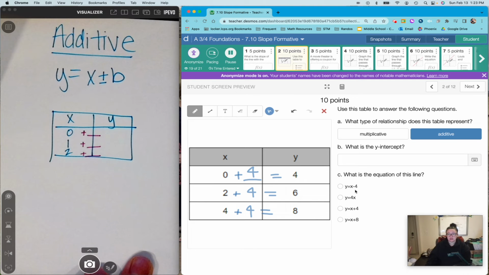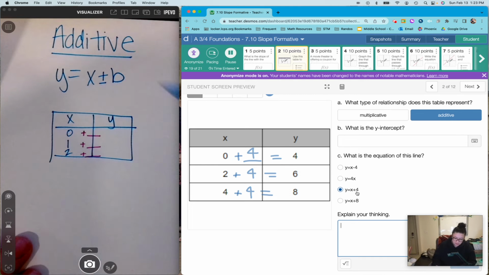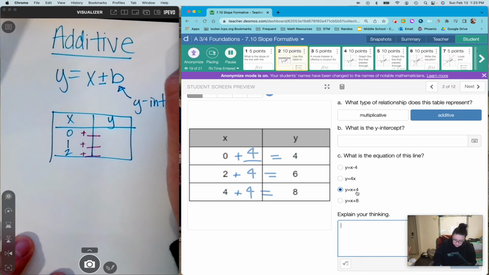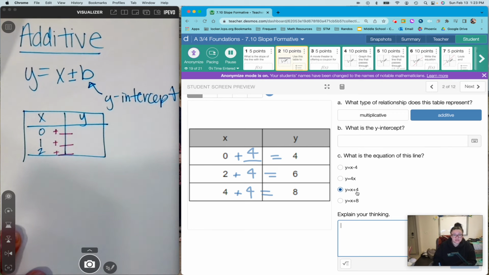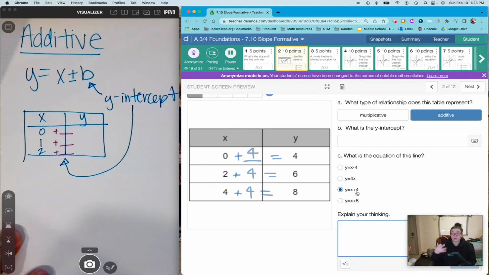So if I jump down to C, this third choice, x plus 4, shows me adding a number over and over and over again. So in our additive relationship, our b is our y-intercept. Our y-intercept is that number that we add over and over and over again.